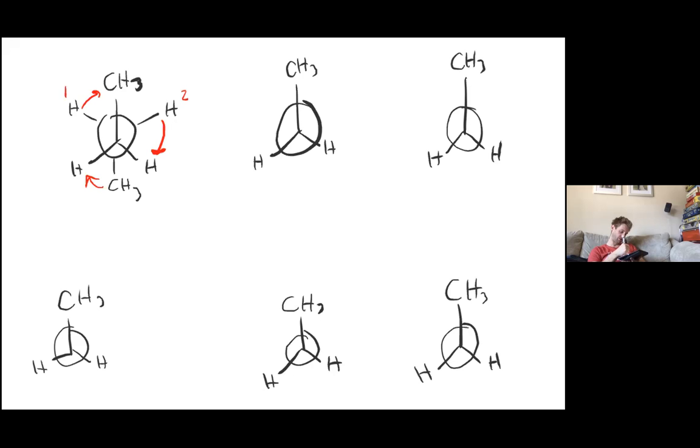We moved H1 60 degrees, and now it should be over here. We moved H2 clockwise and down. And our CH3 gets moved, everything gets moved clockwise to this position here.